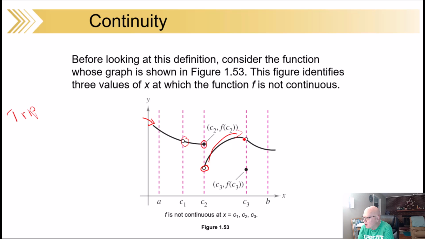You get here and you see, uh-oh, I've got another gap. It's a discontinuity, to be exact. If you want to be at c3, whatever that number is, you're going to have to jump sideways, get down here, and then jump the other way sideways to get back on the main path. Those are examples of what they mean by a function being not continuous.